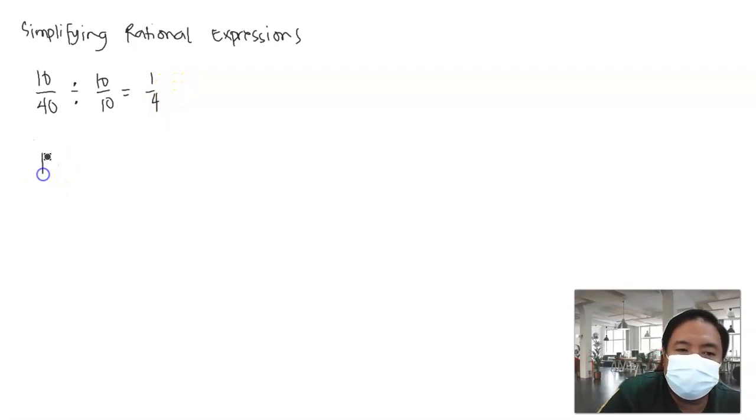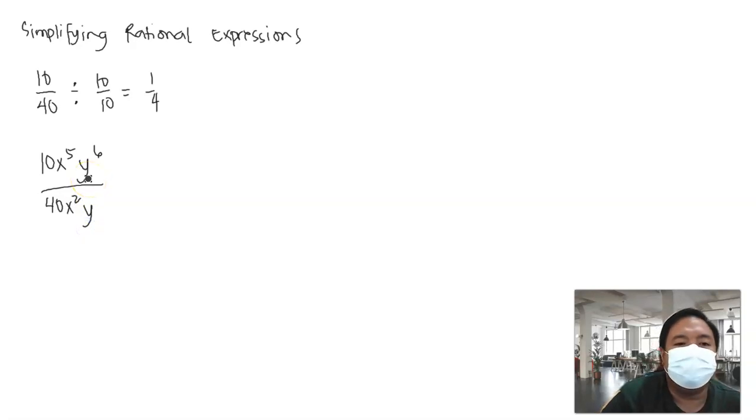Let's try. 10 x raised to 5, y raised to 6, all over 40, x squared, y. So, sabi nga natin, 10 and 40 are both divisible by 10. So, 10 divided by 10 is 1. 40 divided by 10 is 4. And then for the variable, kung sino po yung mas mababa, we just need to cancel it out. So mas mababa si x squared. Then subtract that exponent dun sa mas mataas.